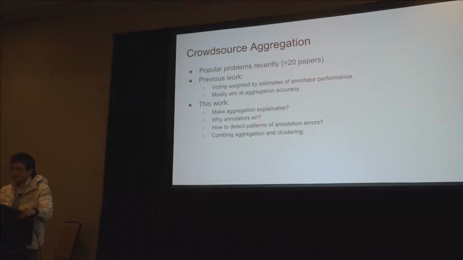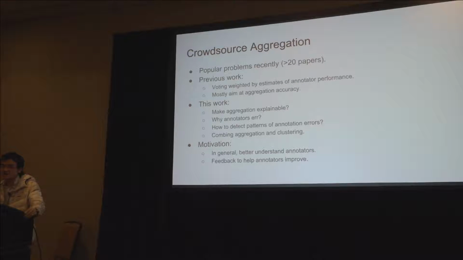The key idea in this paper is to combine aggregation and clustering. There is a lot of motivation for why we want to do this. In general, we want to understand the annotators better.